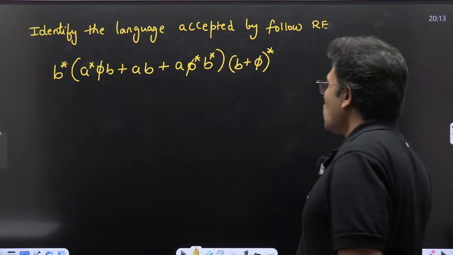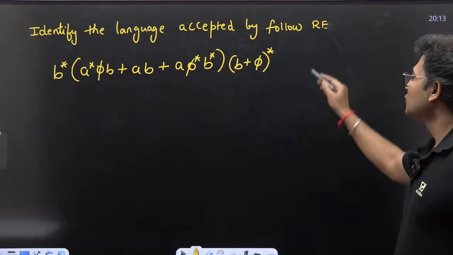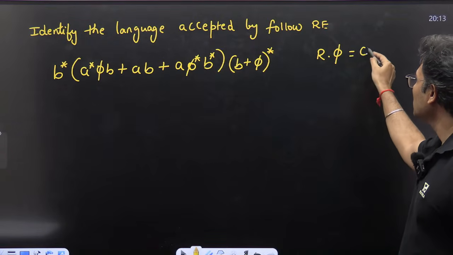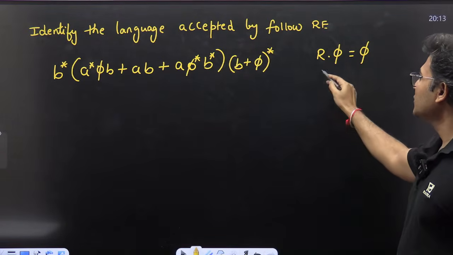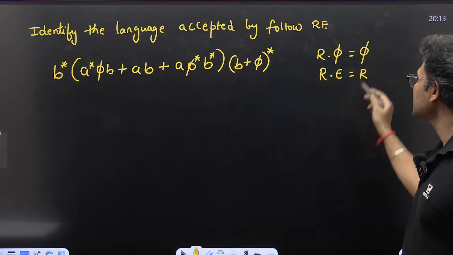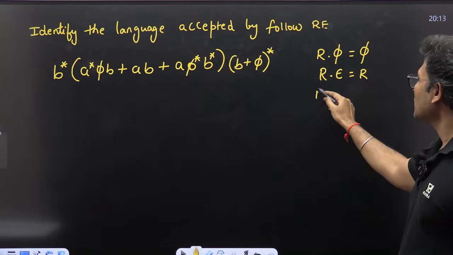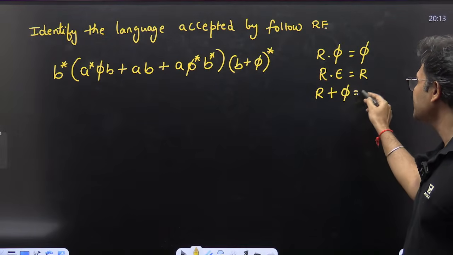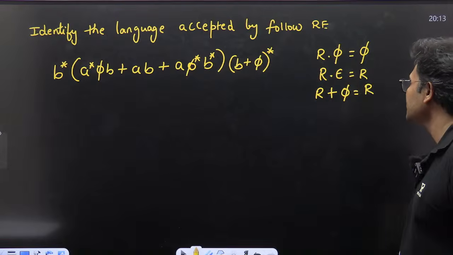What you have to understand is, if you take any regular expression and concatenate with phi, the result is phi. If you concatenate with epsilon, the result is r. If you take any regular expression and do union with the empty set, the result is the same set.